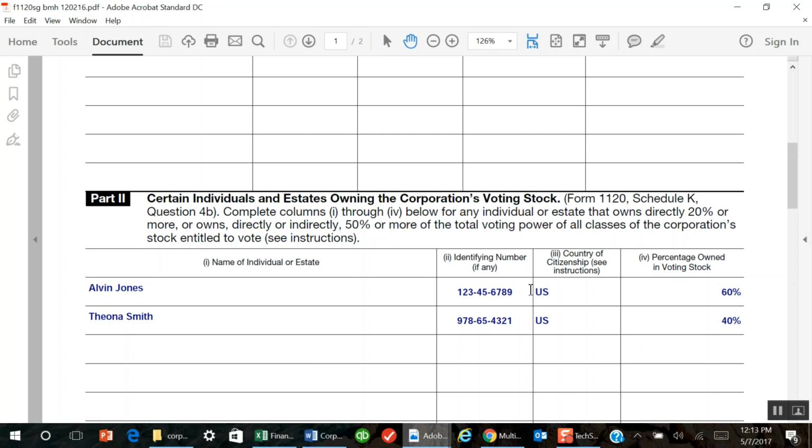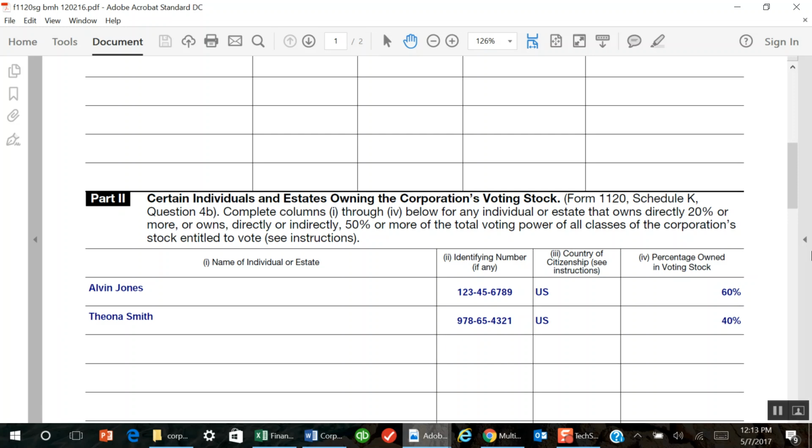They want to know this for several reasons. It's a transparency thing for the IRS to know who owns the company, because there are certain rules around closely held corporations that could affect both this corporation's return and the income tax that they pay, and it could also affect the closely held corporation's shareholders.